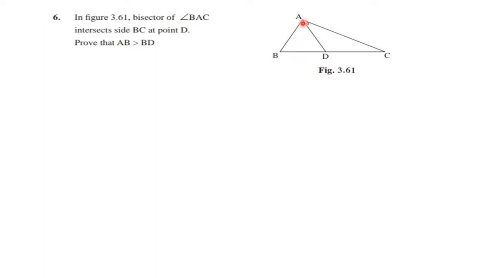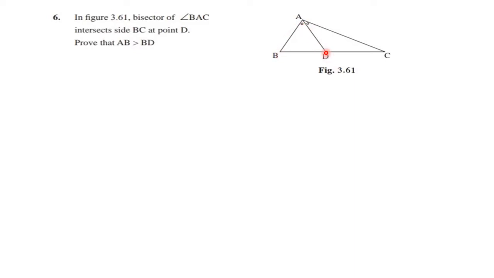Now we need to prove that AB is greater than BD. So which is the angle opposite to the AB side? It is angle ADB. Correct. So we need to prove that angle ADB is greater than angle BAD. Then only we can find out. Okay. So they have mentioned that AD is the bisector. Correct. So BAD is congruent to DAC, equal to half of BAC, because they both are equal.